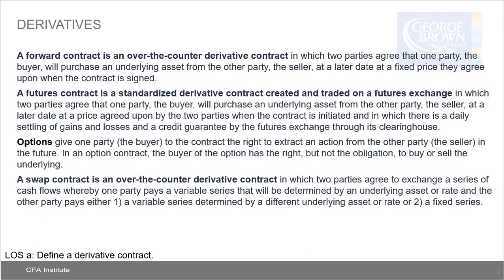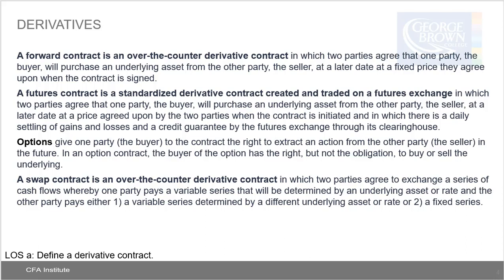Later on, we're going to see there's the similarities and differences between forwards and futures, but you can see from that sentence, very similar to a forward contract. The buyer will purchase an underlying asset from the other party, the seller, at a later date at a price agreed upon by the two parties when the contract is initiated. That's basically the same, okay? However, there's a daily settling of gains and losses and a credit guarantee by the futures exchange through its clearinghouse.